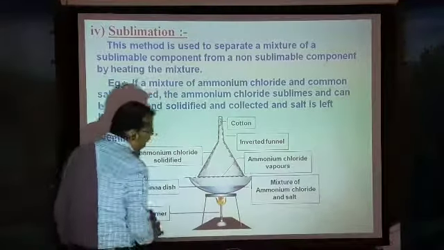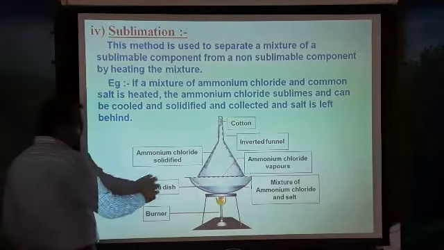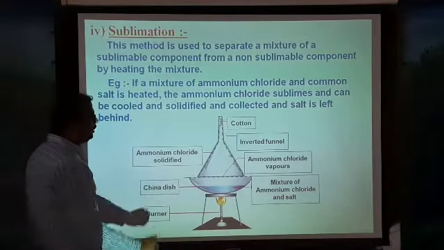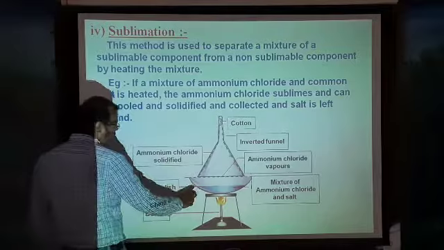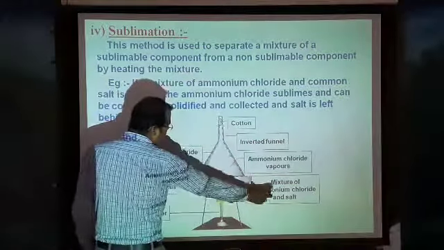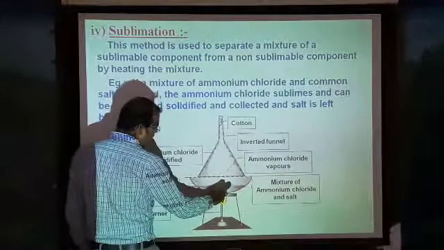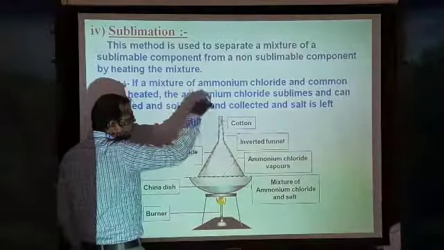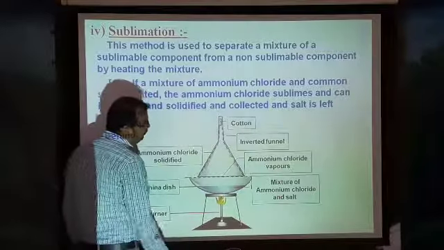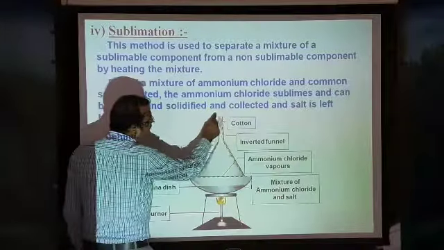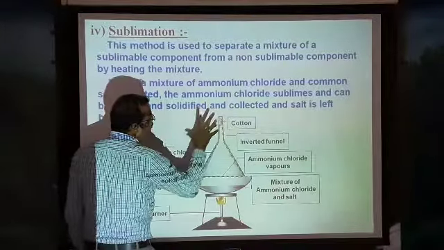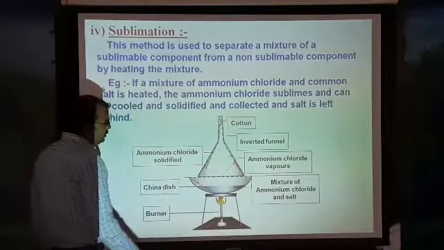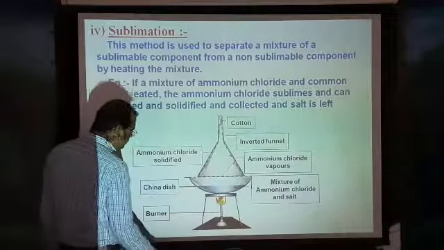Here is what we need to take. In the China dish we should take the mixture of ammonium chloride and salt. Then what happens after that? We need to invert the funnel over the mixture, and one end of the funnel we should close using cotton. Then we heat the China dish.